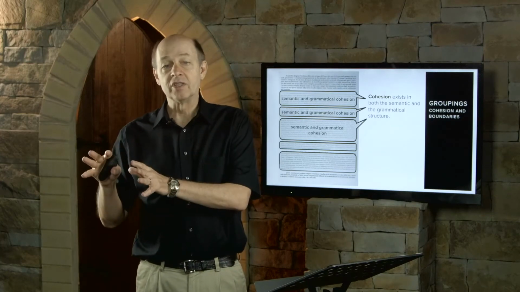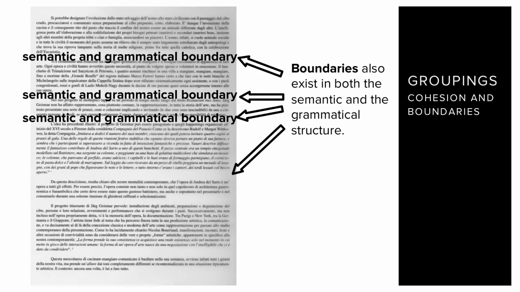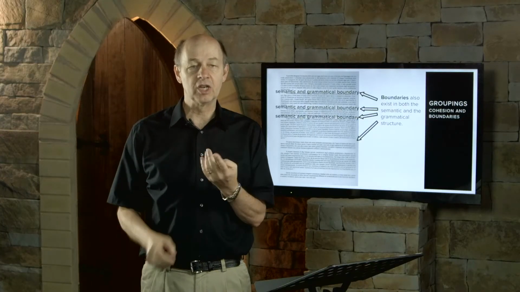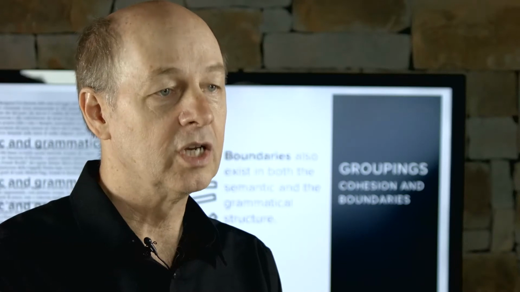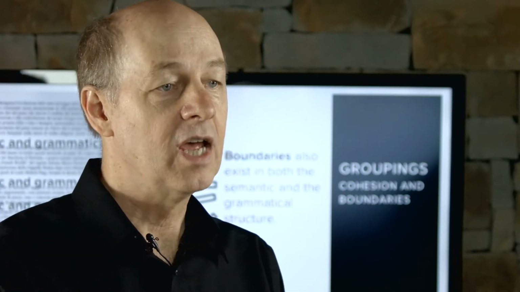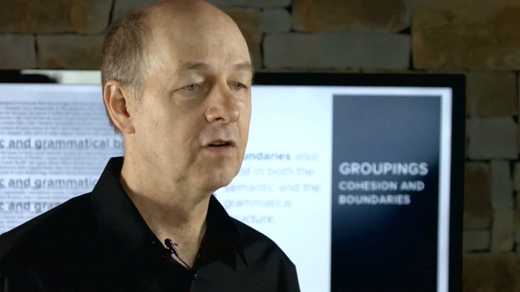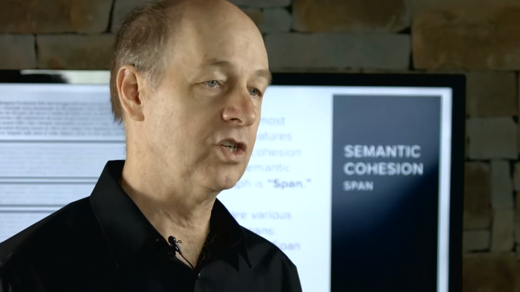Also, boundaries exist both in the semantic and the grammatical structure. So, in this tutorial, we're going to look at these four elements of communication: semantic cohesion, grammatical cohesion, semantic boundaries, and grammatical boundaries. First, semantic cohesion.